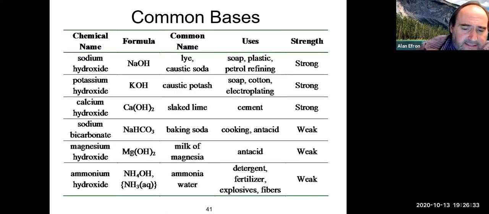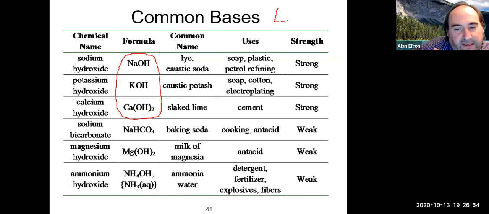Here are some bases, and as we talked about, a lot of strong bases will have hydroxide in them. Typically the hydroxide will be hooked up with something from group 1 or group 2 of the periodic table. So if you go down the periodic table, sodium hydroxide, potassium hydroxide, calcium hydroxide, strontium hydroxide, barium hydroxide, those are typically your strong bases.